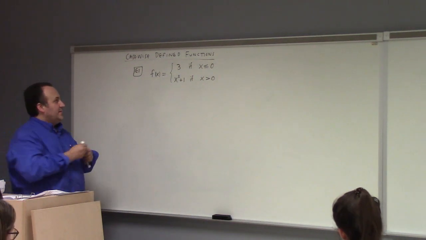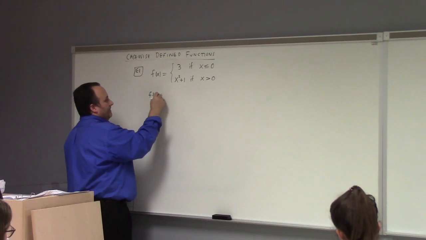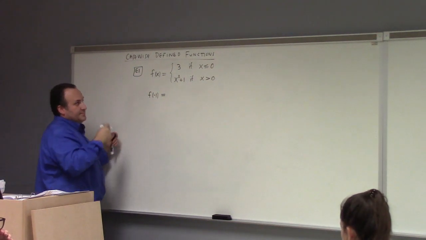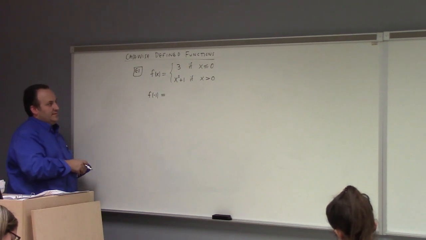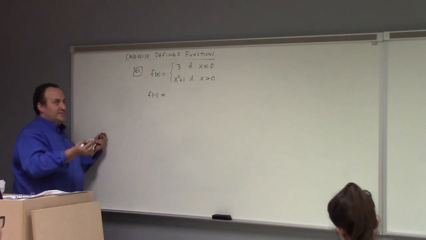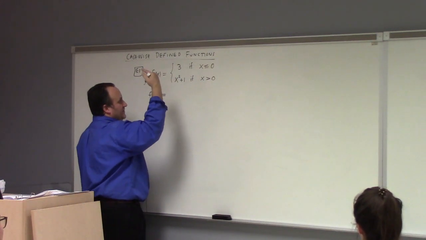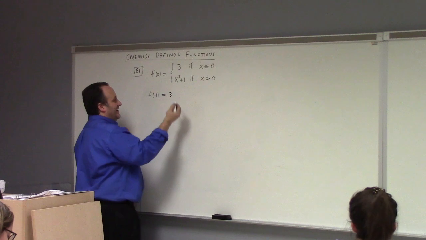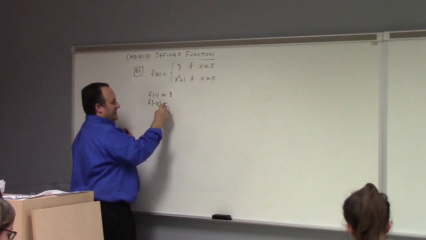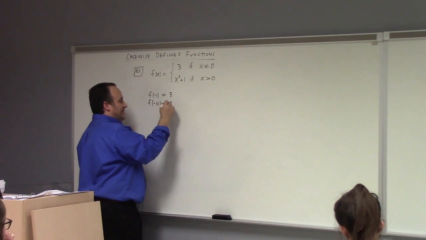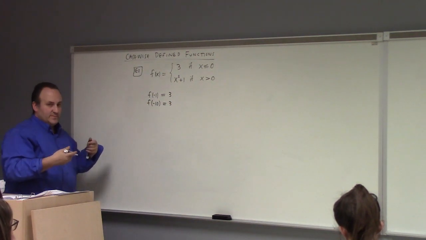So what happens when I plug in, for example, f of minus 1? Which case am I in, the first case or the second? x is less than 0, right? So I have to follow the instruction up here, and what's the formula? 3. Okay, yay. And what's f of minus 10? It's 3, right? f of any negative number or 0 is 3.